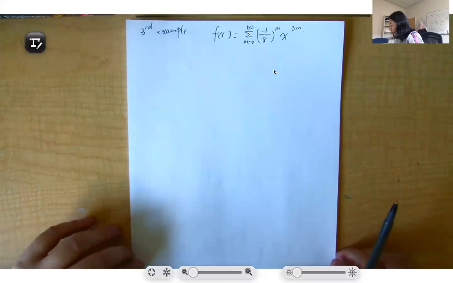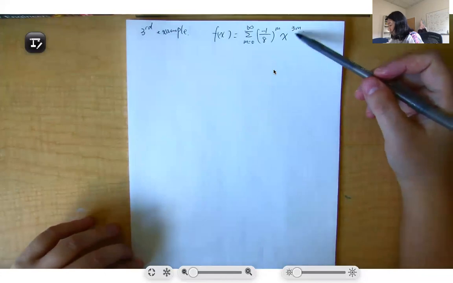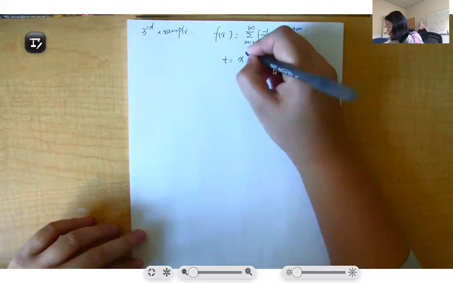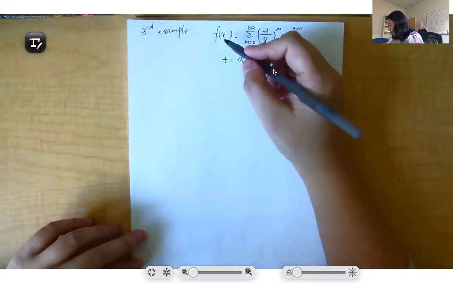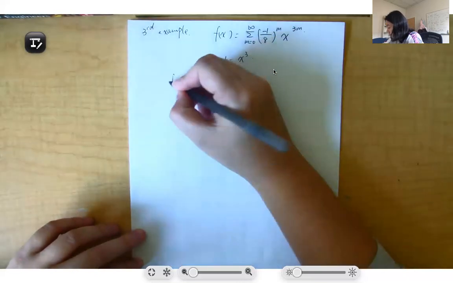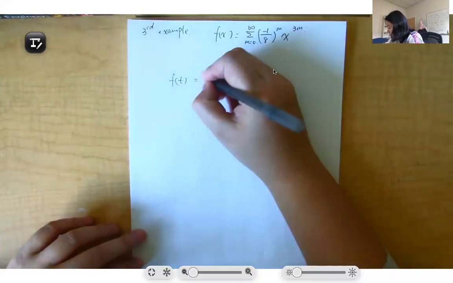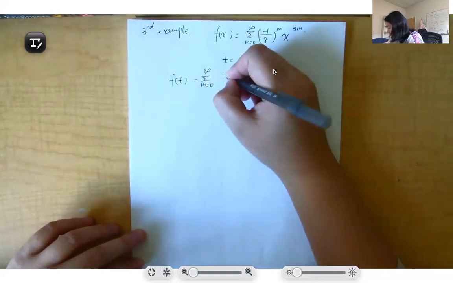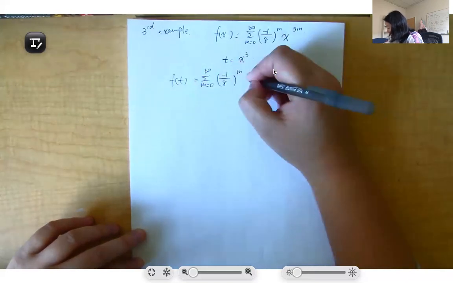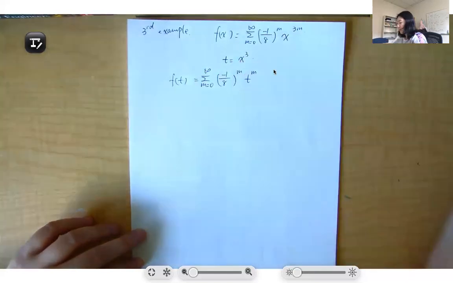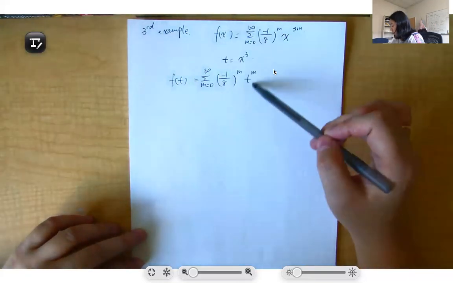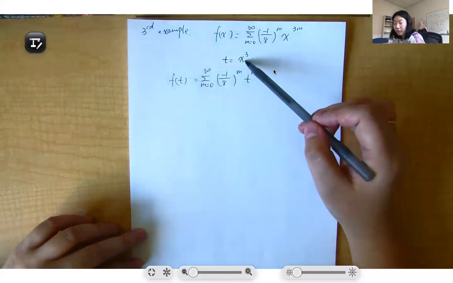Let's do a substitution first so that it becomes some variable to the m's power. Let t equal x to the third. So we can rewrite f of x as f of t, the sum of m from 0 to infinity of (minus 1 over 8) to the m's power times t to the m's power. This is a power series with the variable t, where t equals x to the third.